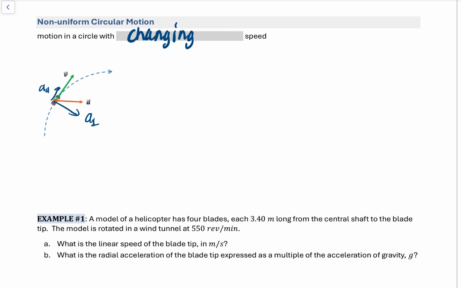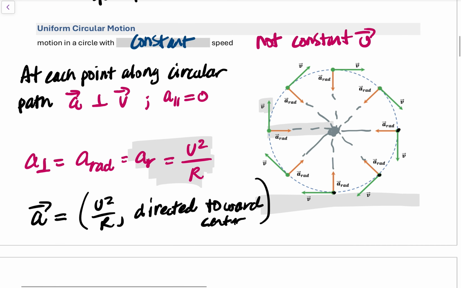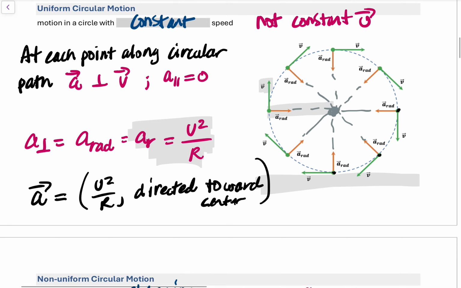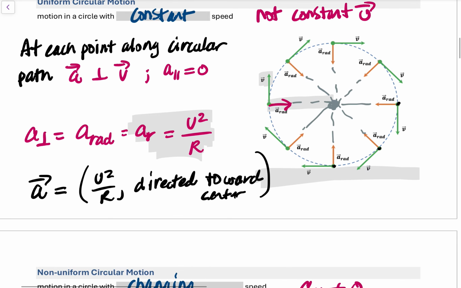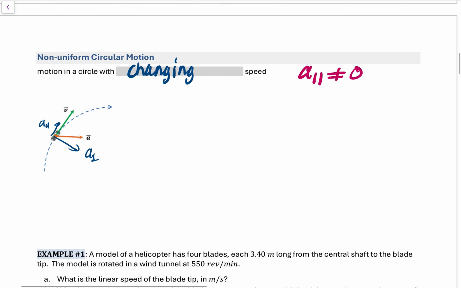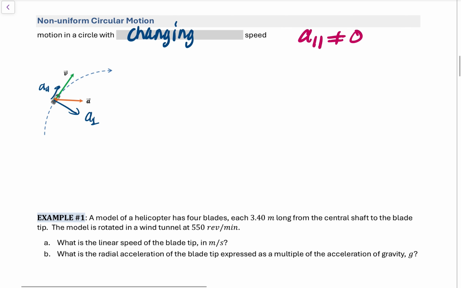I can have an object moving in a circle that is also speeding up. So in this case, a parallel is not equal to 0. In uniform circular motion, we only have a perpendicular, this little guy here. If we have non-uniform circular motion, we have both a perpendicular and a parallel.